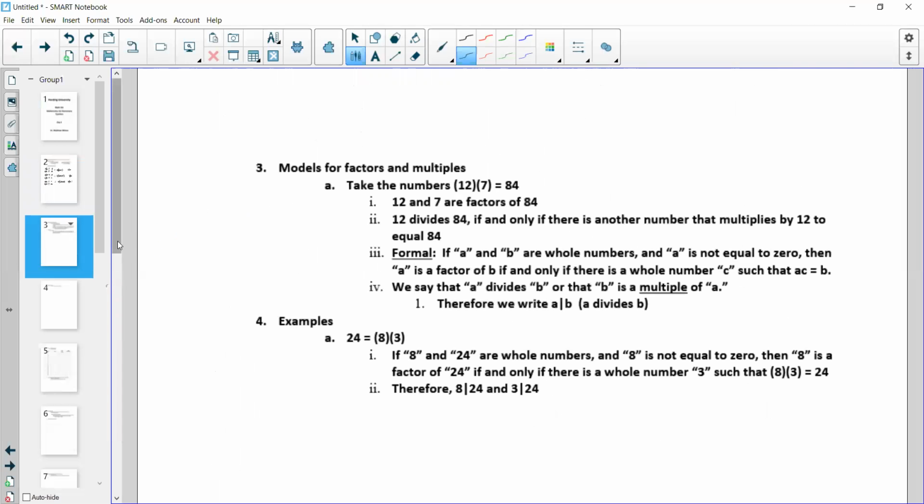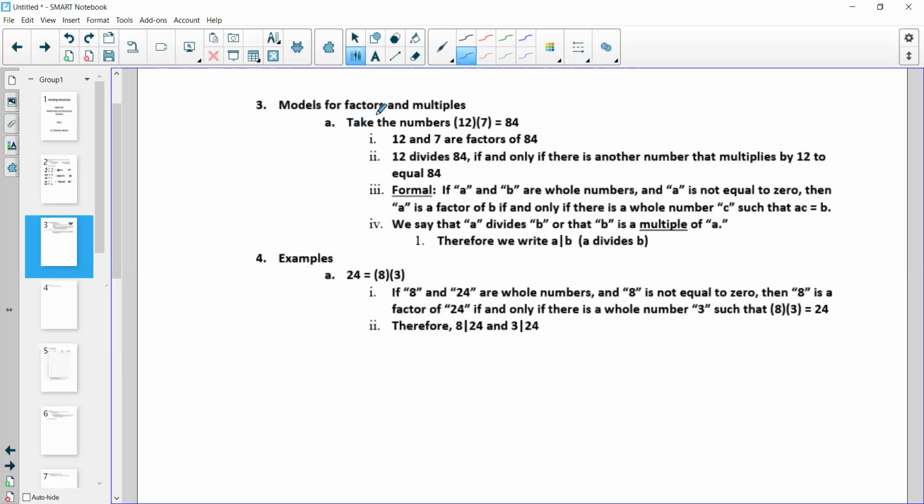So let's look at the next page where we're talking about factors and multiples. Okay? Factors and multiples are two items that are confused quite a bit. Students really, think about the classroom, students do get these mixed up quite often. For instance, you take the number 12 and 7.